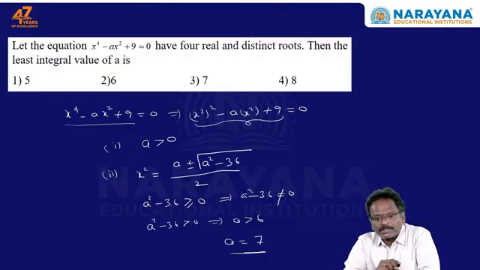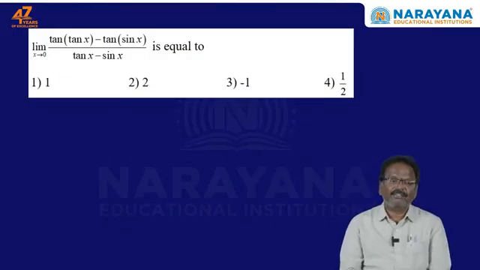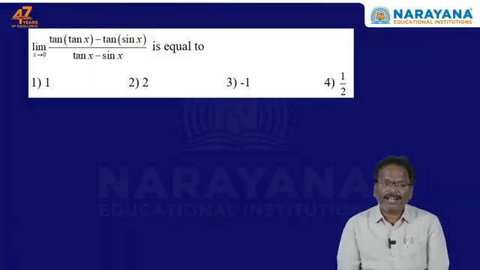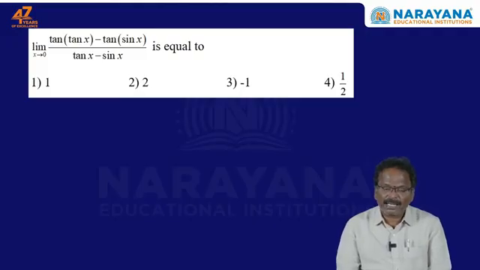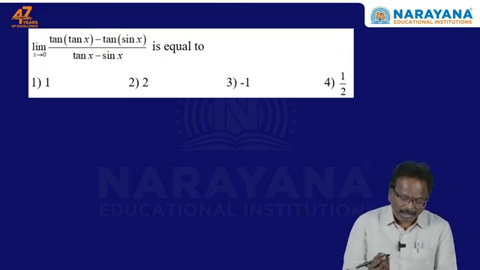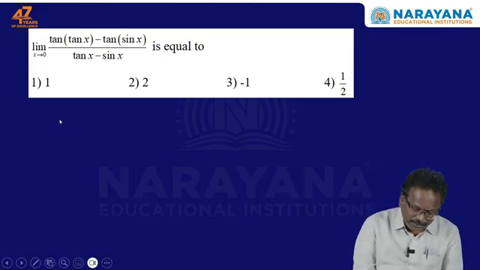Okay, now next one from limits. Limit x tends to 0 of tan of tan x minus tan of sin x by tan x minus sin x. This is a simple and moderate question.